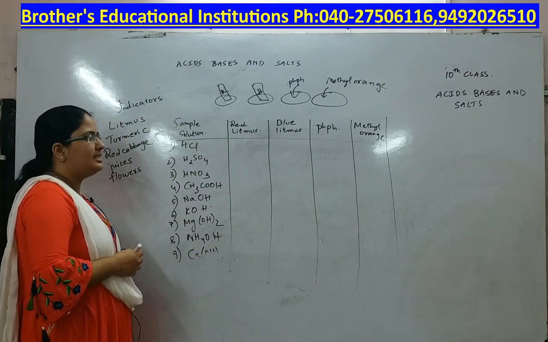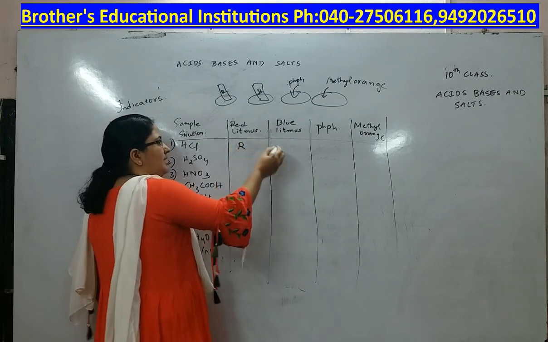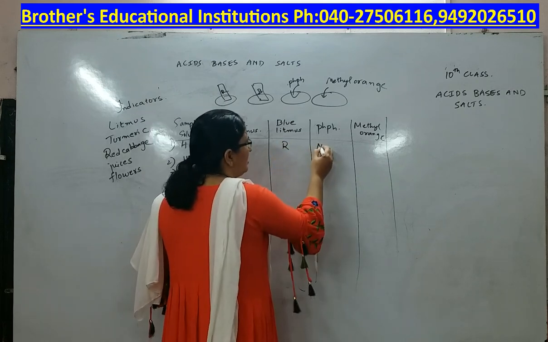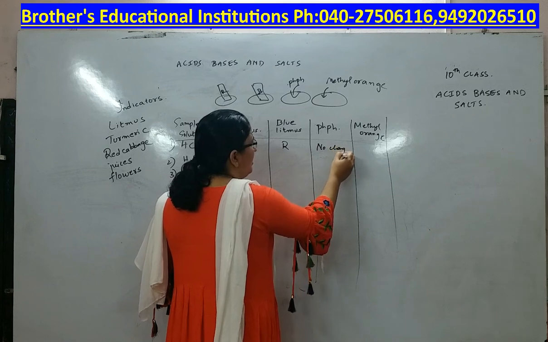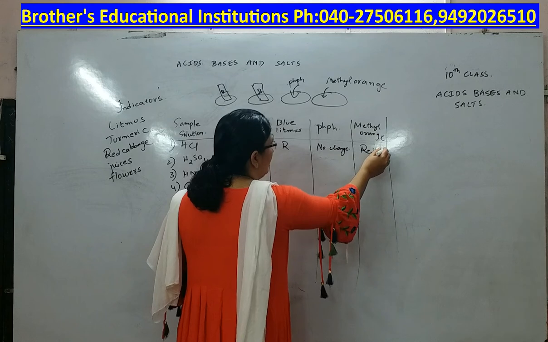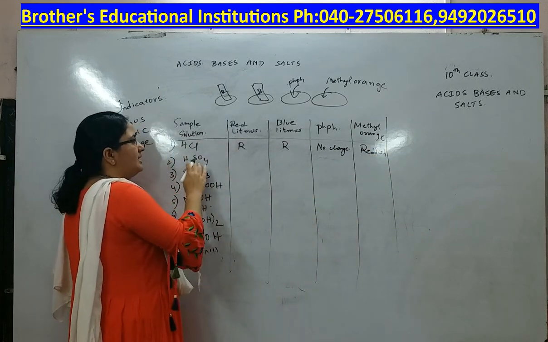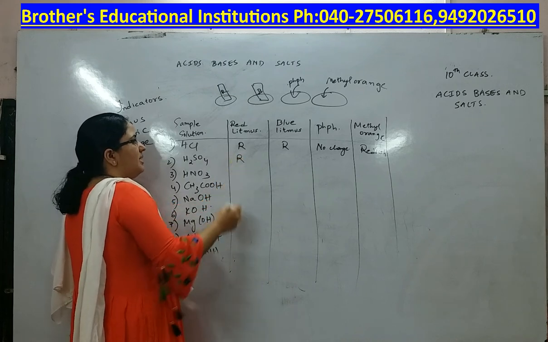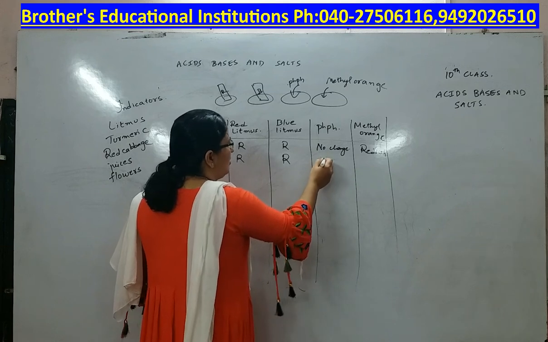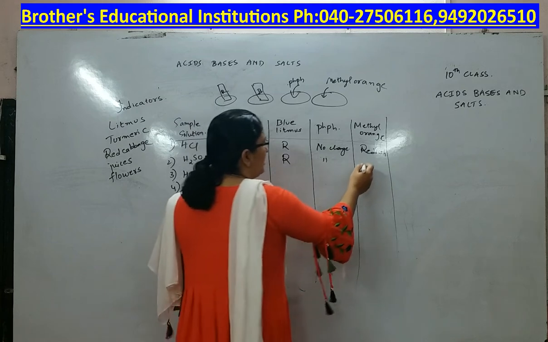HCl is an acid. HCl means hydrochloric acid. So red remains red, blue changes to red litmus paper, phenolphthalein shows no change, methyl orange turns reddish. H2SO4 means sulfuric acid. So red litmus remains red, blue litmus changes to red, no change in phenolphthalein, methyl orange turns reddish.